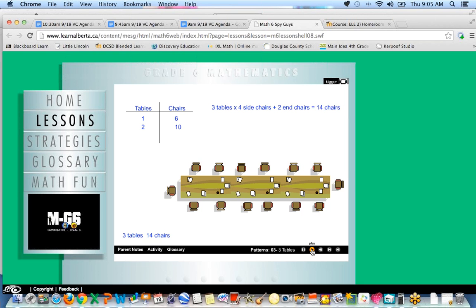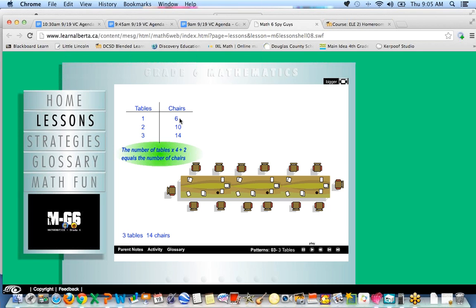If we add another table, we now have 14 chairs. Notice the pattern on the chart by looking at the relationship between the number of tables and the number of chairs. Right, so it looks like we have the number of tables, so for instance, 3 tables times 4 plus 2.